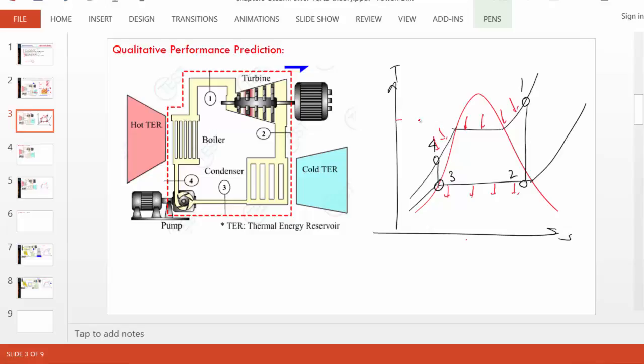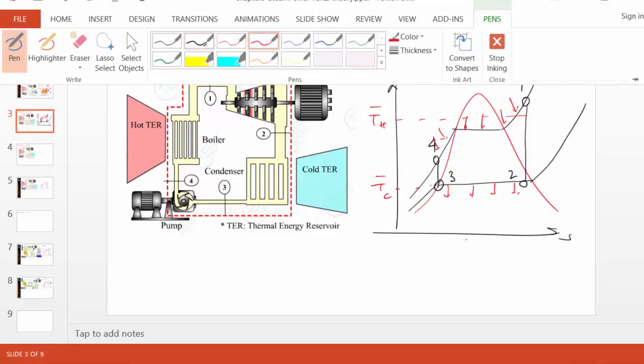So TH bar and TC bar can be deduced from this diagram. Now suppose we reduce the condenser pressure. What effect will it have? So let's draw a lower pressure line.